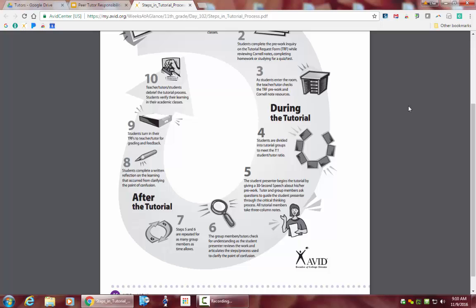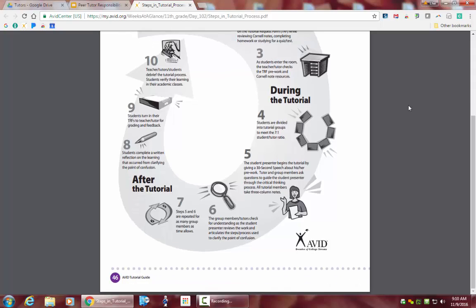And remember that at the same time, all members are taking 3-column notes. This can be done in a journal, your binder, any place that you feel would be a good place for you to keep these notes. Once that happens, the group members and tutors check for understanding as the student presenter reviews the work and articulates the steps in the process to clarify the point of confusion.